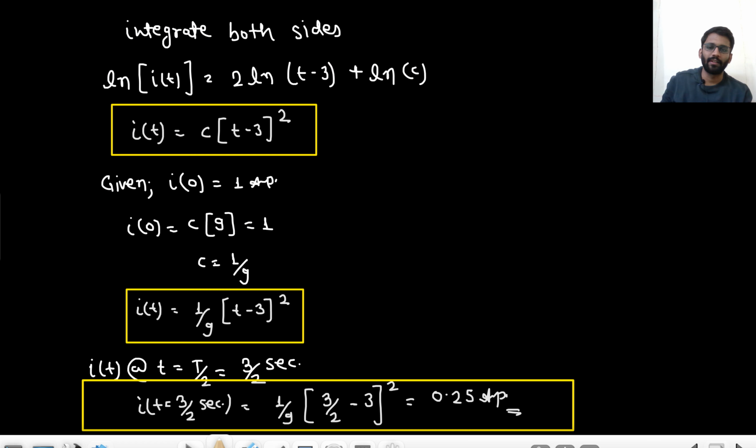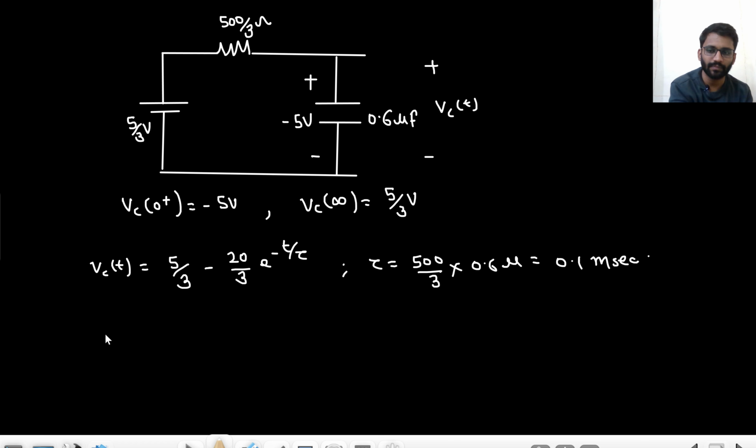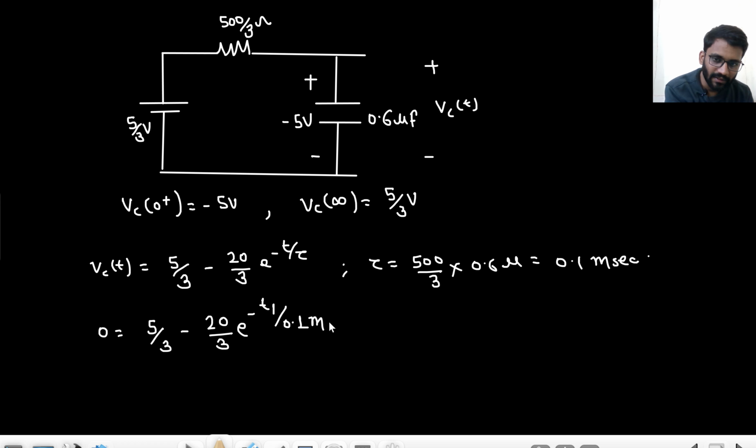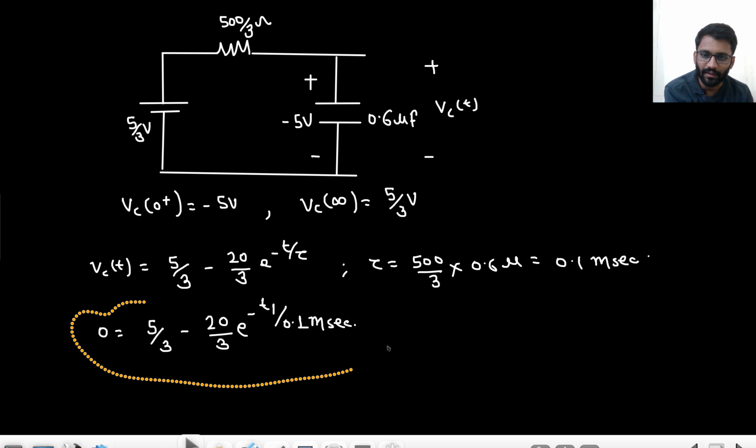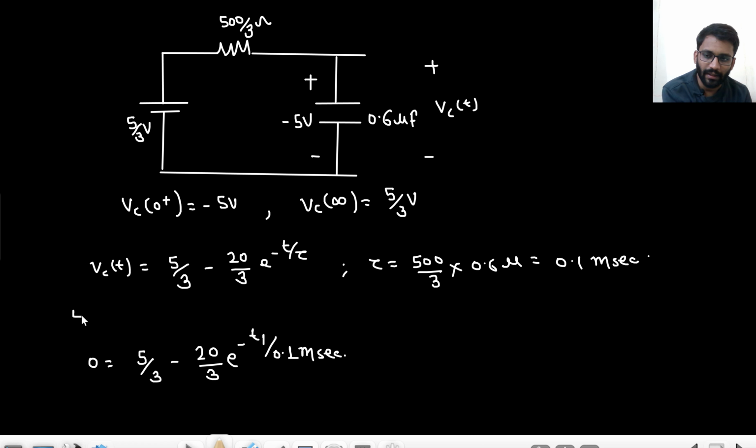What do I need to find in this question? The time when VC goes to 0. So this goes to 0 at time t equals to t1. At t equals to t1, VC(t1) is 0.